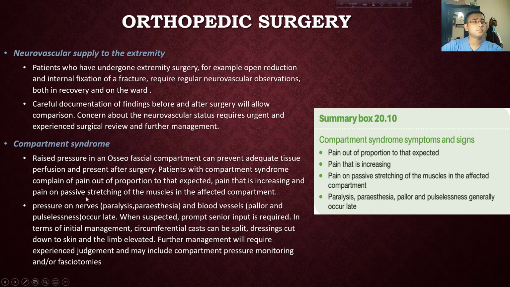Key features are pain out of proportion, pain that increases progressively, and pain on passive stretching of the muscle in the affected compartment. Paralysis, paresthesia, pallor and absent pulses generally occur late. That is very bad, because if that occurs, then amputation is the only way to save the other organs.